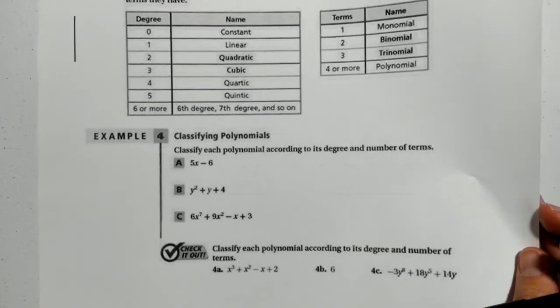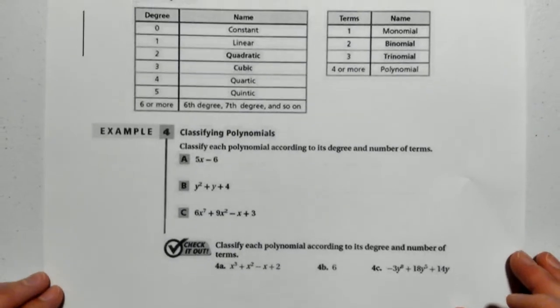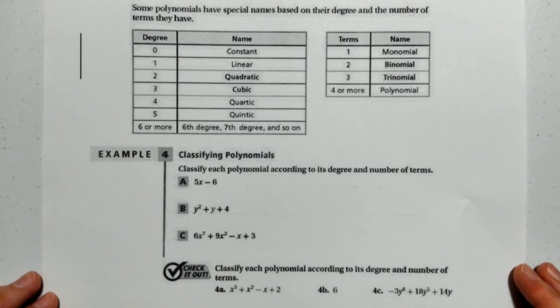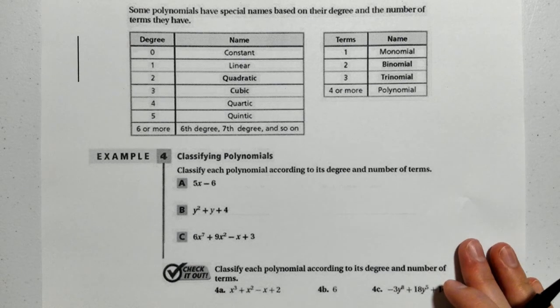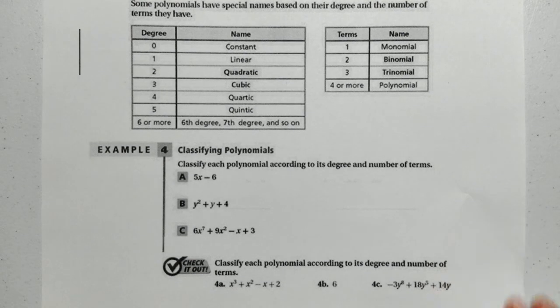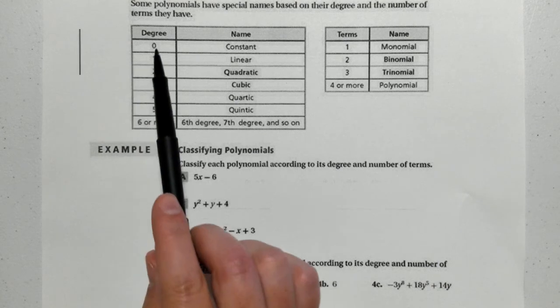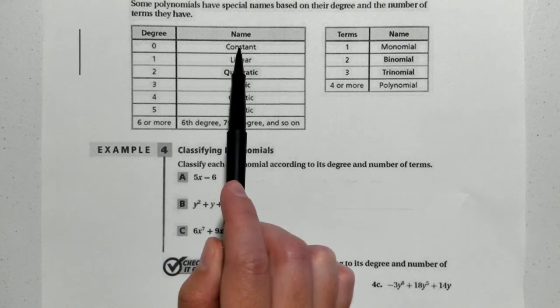So now we're going to look at example 4. In example 4, we're going to deal with classifying polynomials. Some of them have special names based on the degree and the number of terms that they have. So we're going to look at the specific names based on the degree and the terms. So for degree, 0 is a constant.